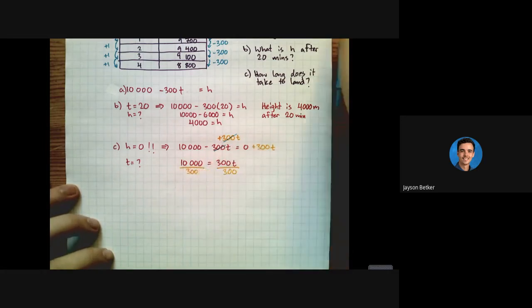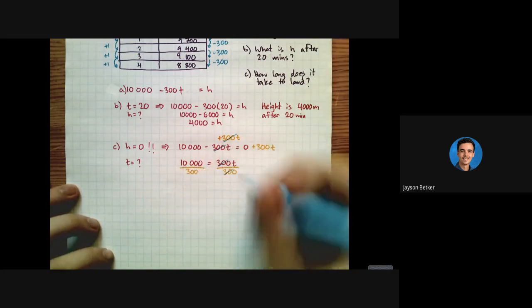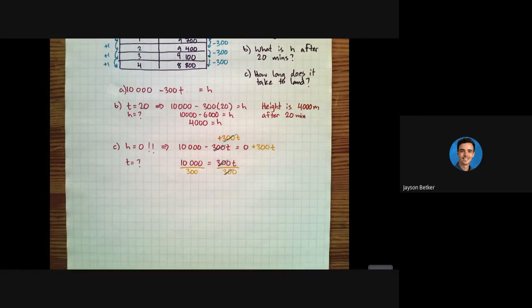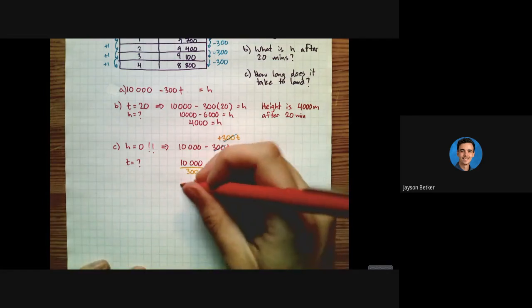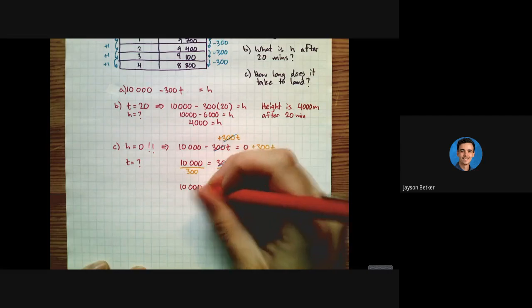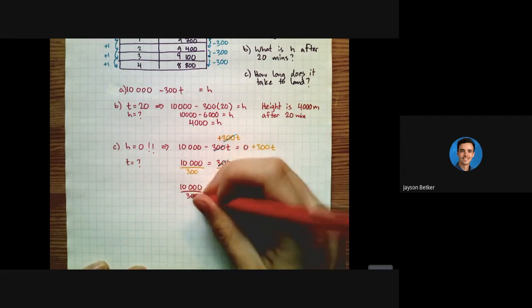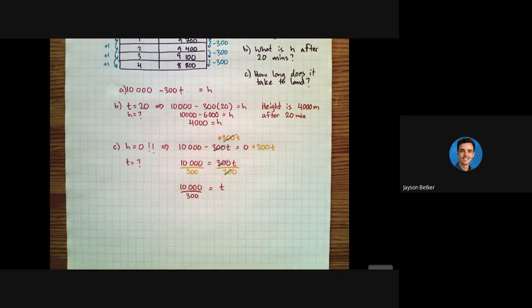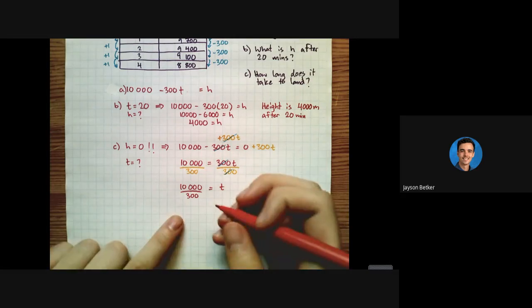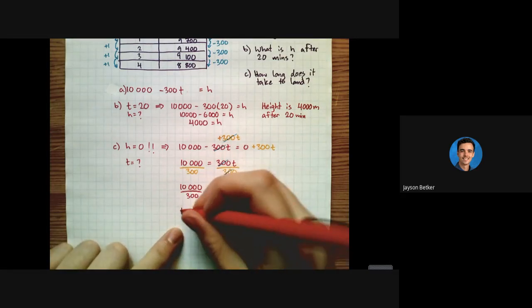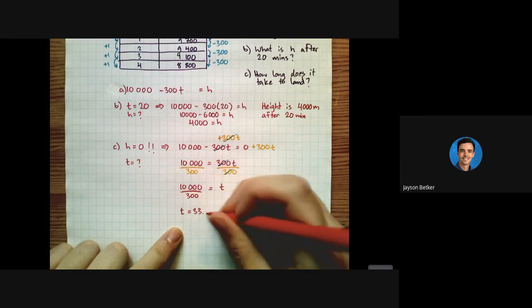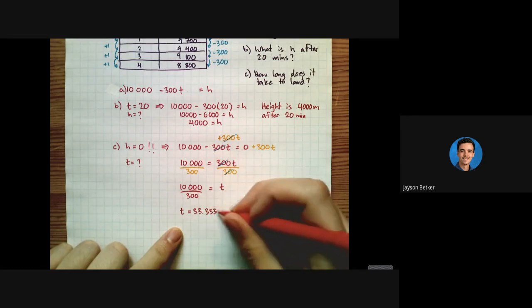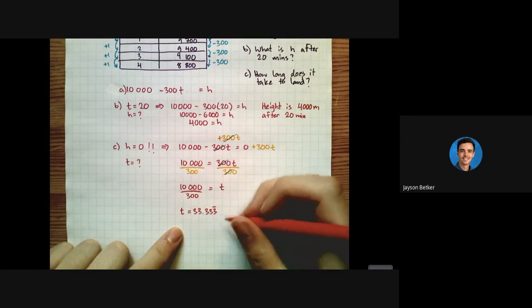And if I do that, these will cancel, and I will end up with 10,000 over 300 equals t. That's how you solve for that. If I do 10,000 divided by 300, I should get t equals 33.333 repeating minutes.